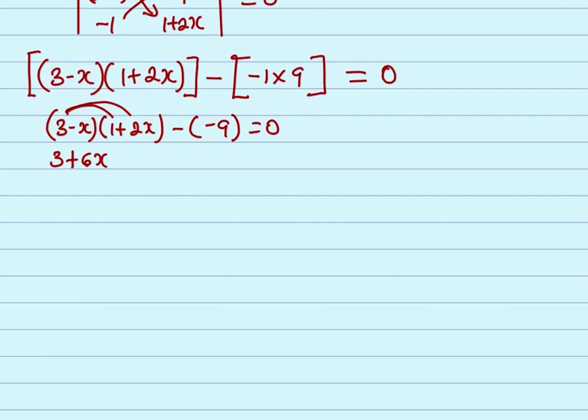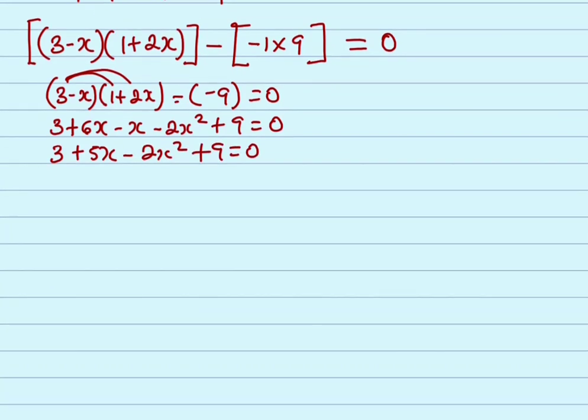We repeat the same for minus x: we have minus x, then minus 2x squared. Then minus times minus 9, we have plus 9, equal to 0. Rearranging, we have 3 plus 5x minus 2x squared plus 9 is equal to 0, where we have 12 plus 5x minus 2x squared is equal to 0.